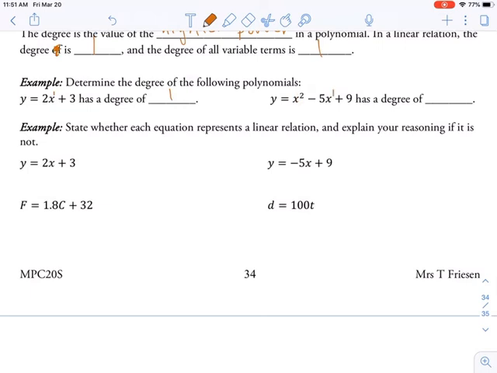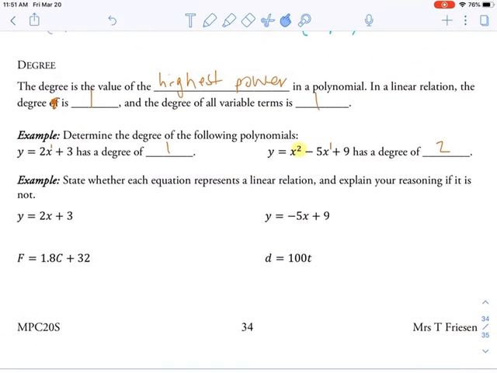So we're just going to compare all of the terms that have variables in them and figure out which is the highest power. In this case, I hope it's very clear to you that the 2 is the highest. So that equation has a degree of 2. Again, a reminder that linear relations always have a degree of 1.